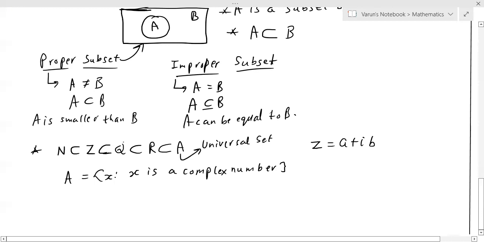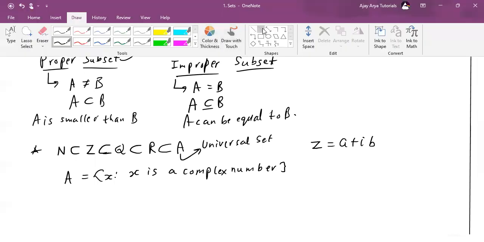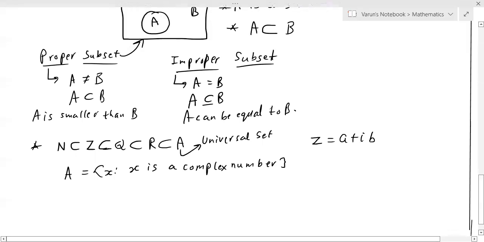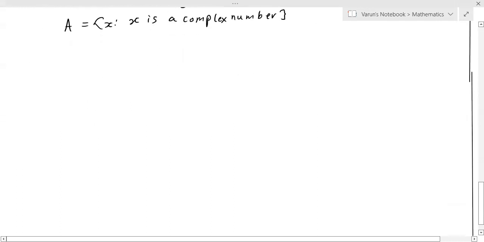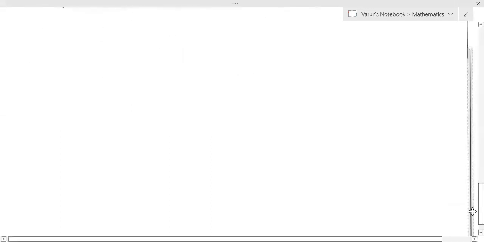Now let's talk about the next part, which is a power set. Now things are getting a little bit more serious. So let's get down to that.